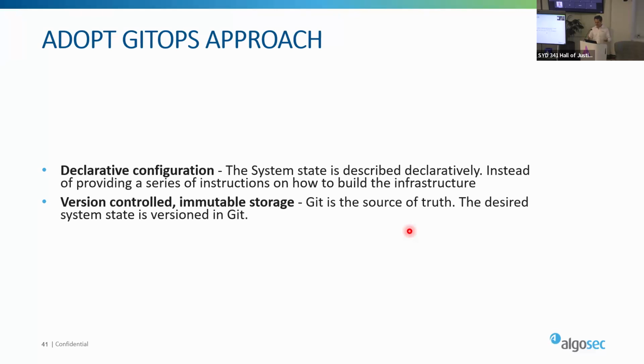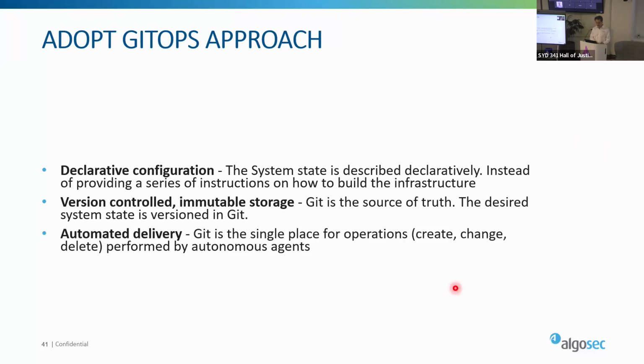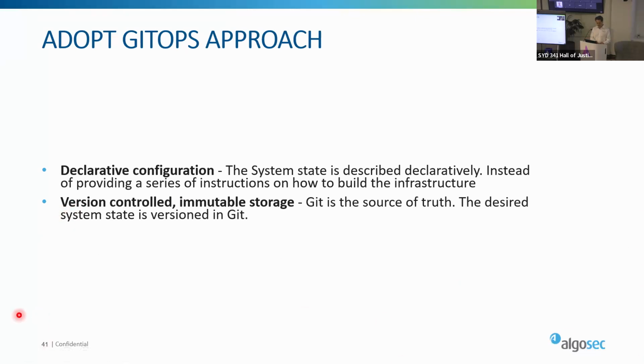And automated delivery. Git is the single place for operations. These are performed by what is called an autonomous agent.